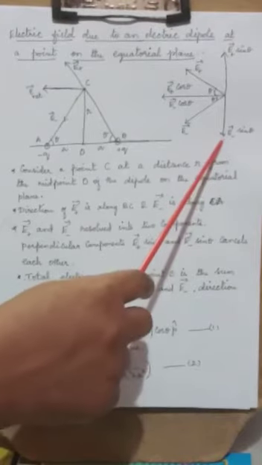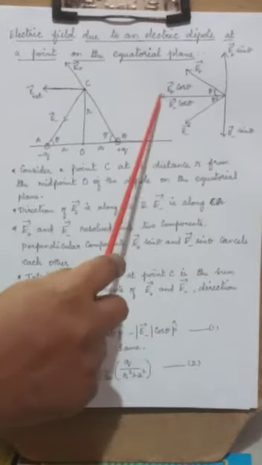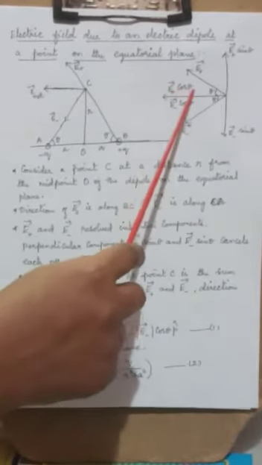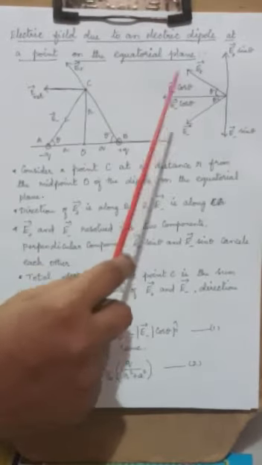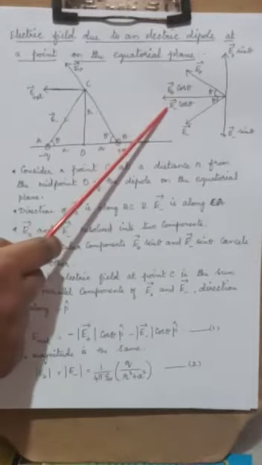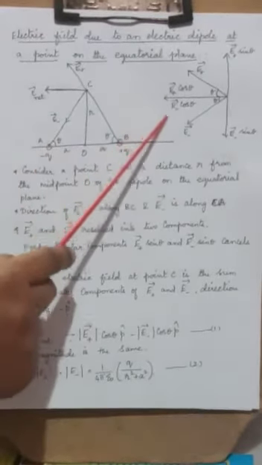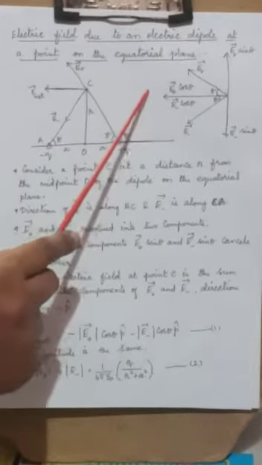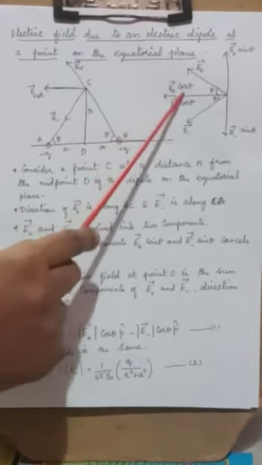What remains is only E plus cos theta and E minus cos theta. When you find the net electric field, you add these two, and as they are equal and opposite charges, the magnitude will be the same.